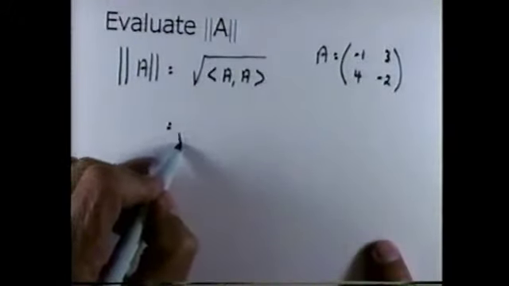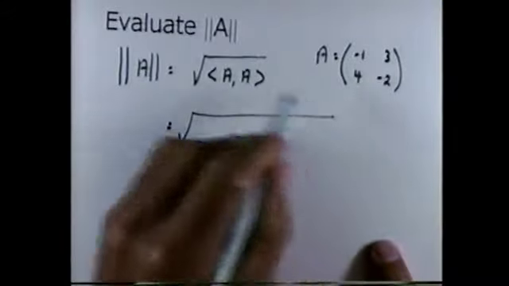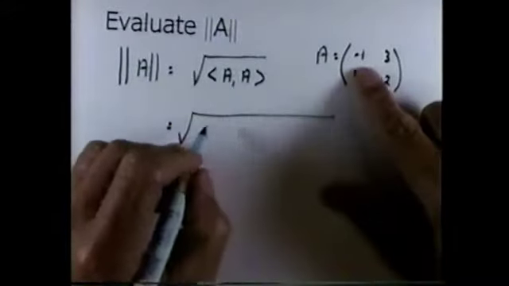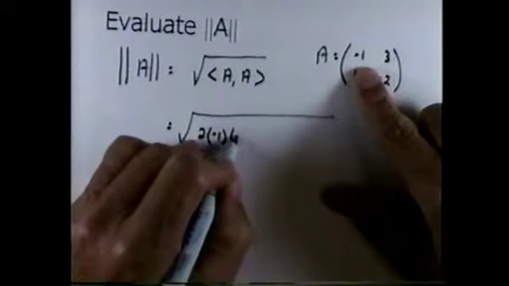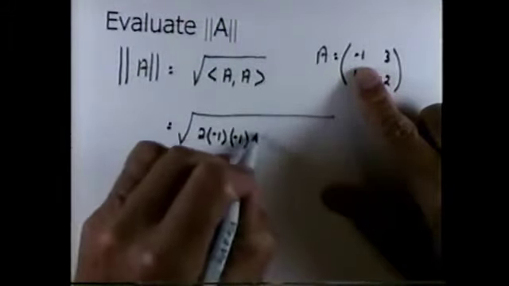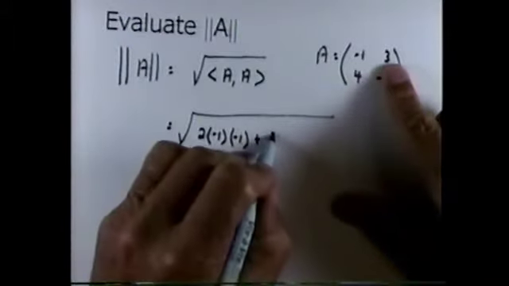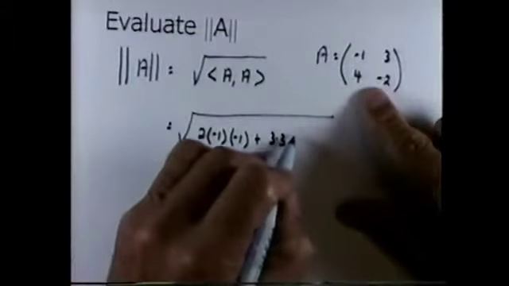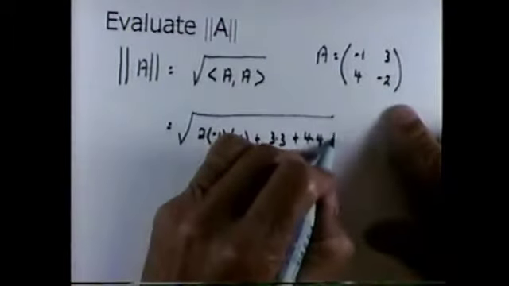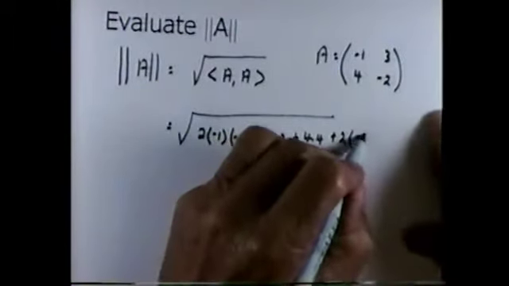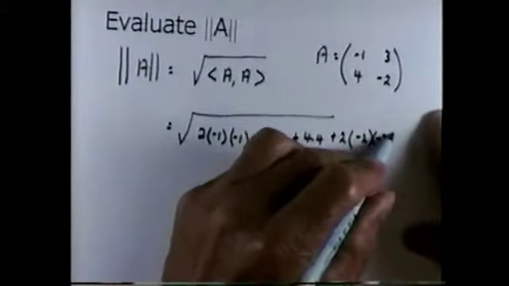So this would be the square root of 2 times negative 1 times negative 1, plus 3 times 3, plus 4 times 4, plus 2 times negative 2 times negative 2.